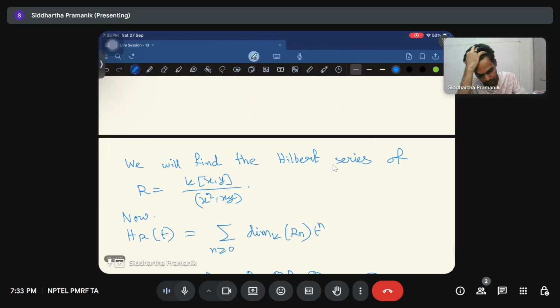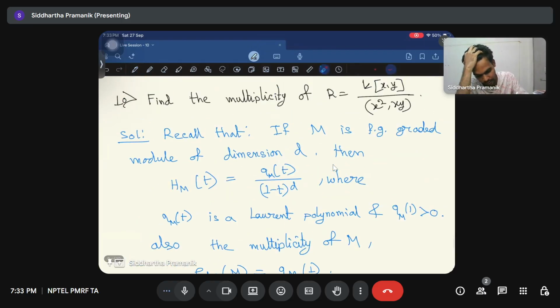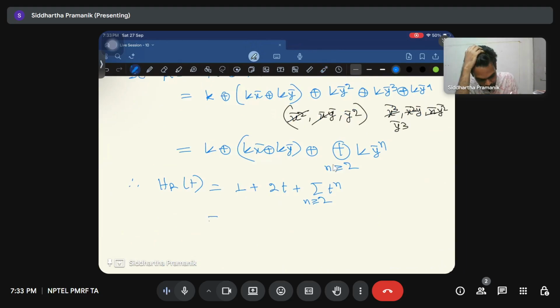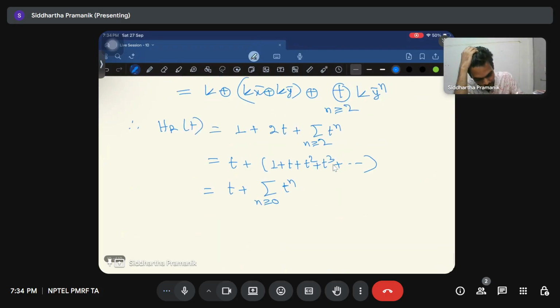Now we need to write the Hilbert series in this form. So how to do this? This can be written as 1 plus t plus t square plus t cube plus so on, and this can be written as t plus the summation of t power n, n greater or equal to 0. And if you recall the formula, this is t plus 1 by 1 minus t.